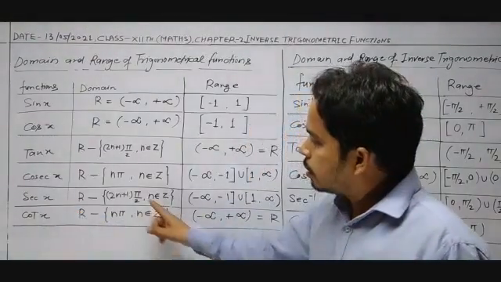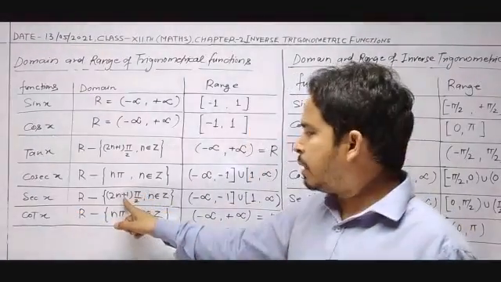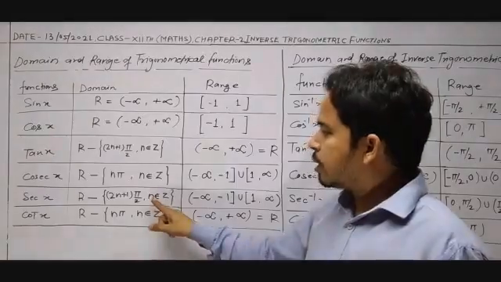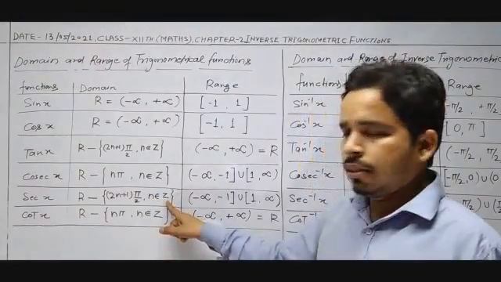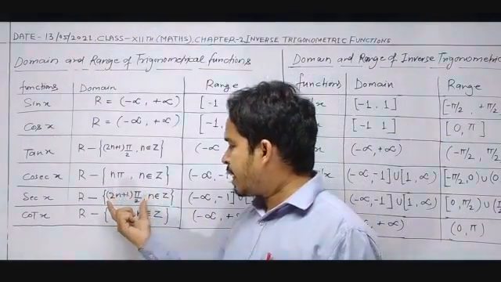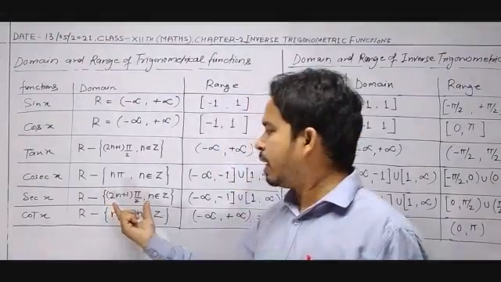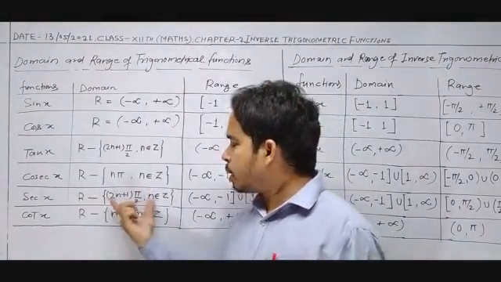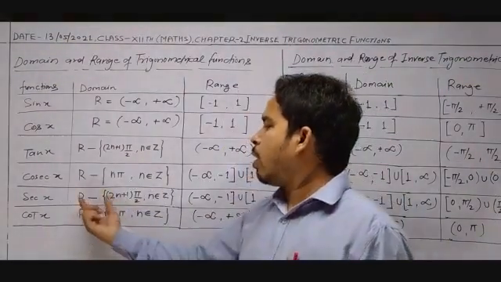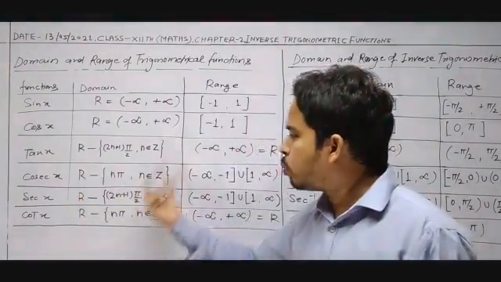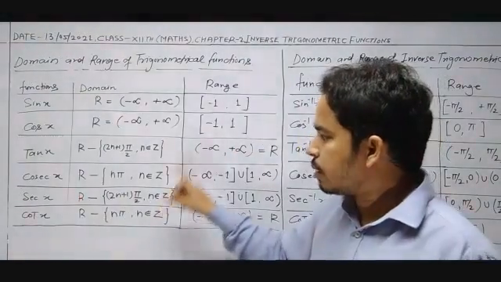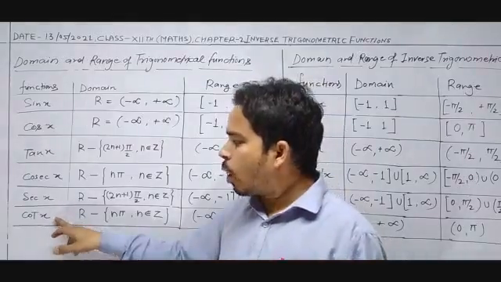Similarly, 90 means this is an odd multiple of pi by 2, such that n belongs to integers. We consider n as an integer, and for n belonging to integers we get odd multiples of pi by 2. Then we subtract this part from the real numbers. So the domain of sec x will be all real numbers excluding 2n plus 1 pi by 2, such that n belongs to integers.